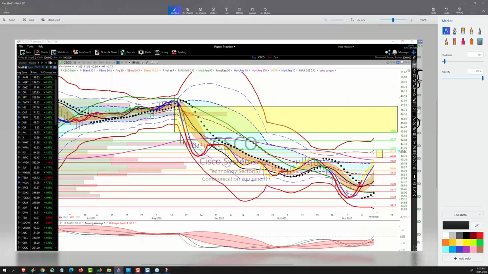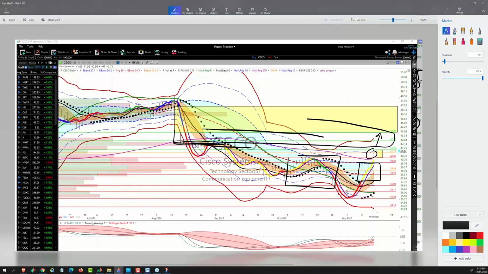But this price action was able to leave this behind and all of this behind. And so any breakout from here is really closing this gap, which is then closing this gap.